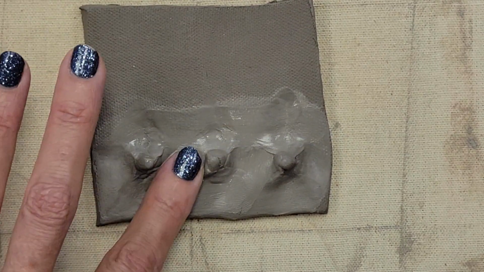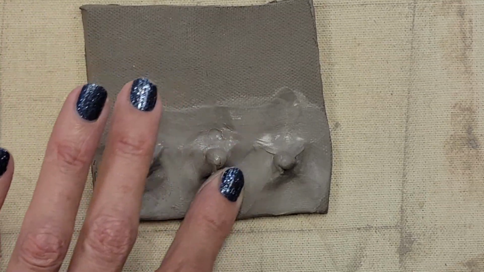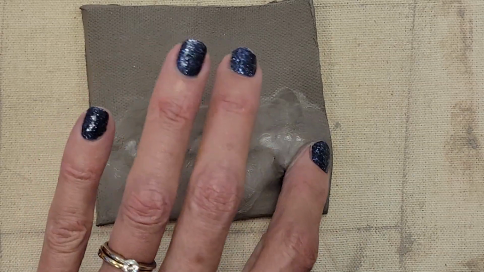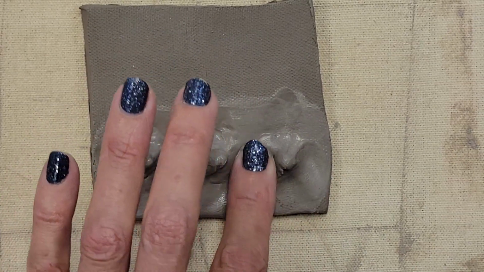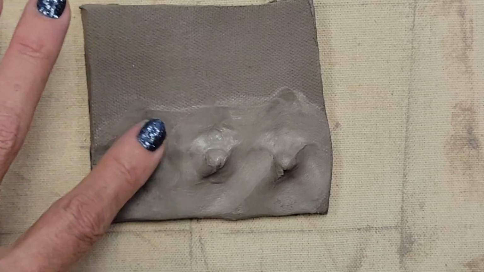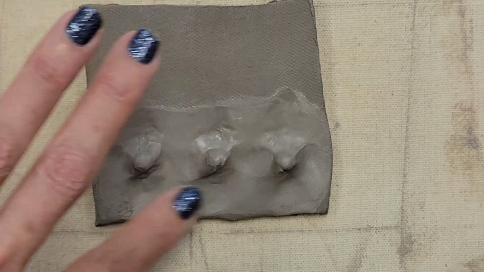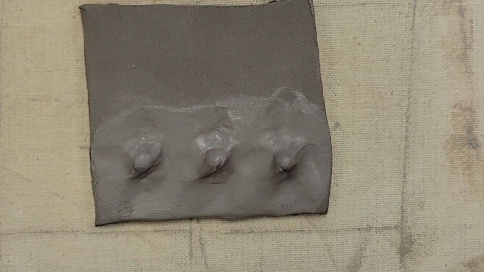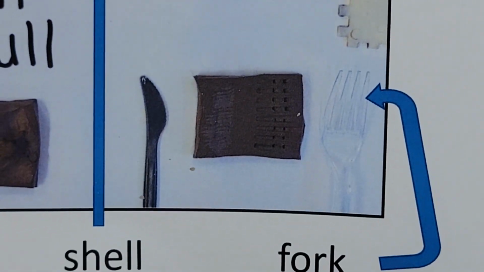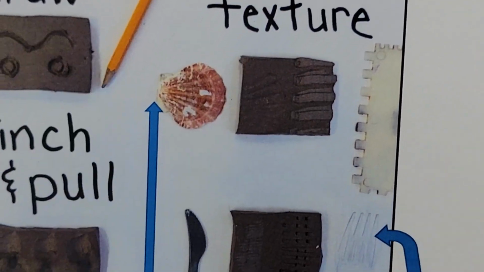So now those areas that I pinched and pulled are bumpy, but they're very smooth. I can also use different kinds of tools to create different kinds of textures.